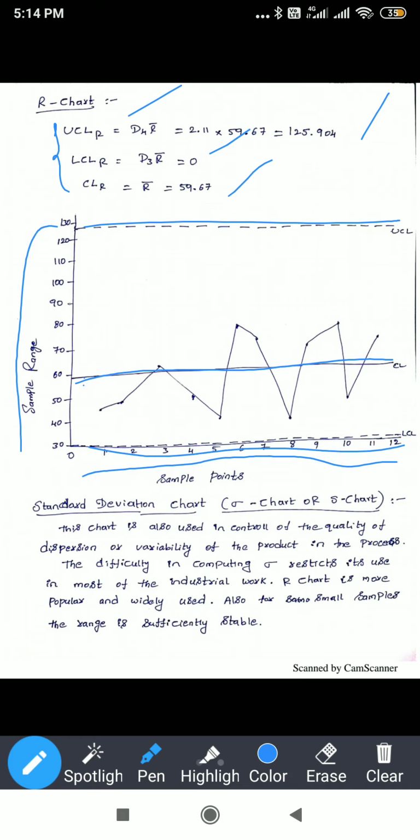From this, all the sample points lie inside the control lines, that means the upper control line and lower control line. So we say that the process is under control. This is the conclusion. So from this, you completed the range chart.